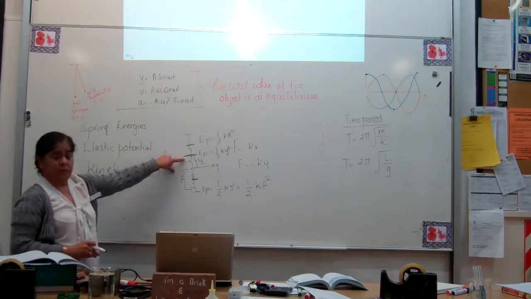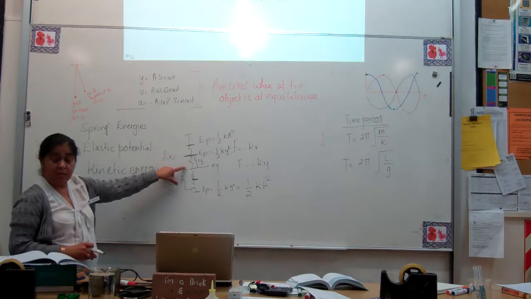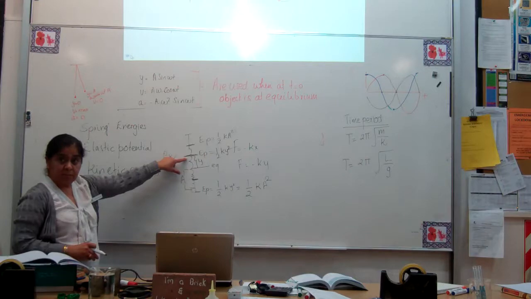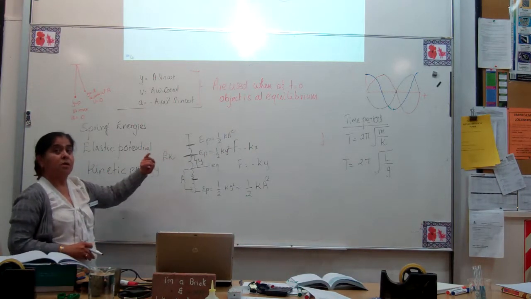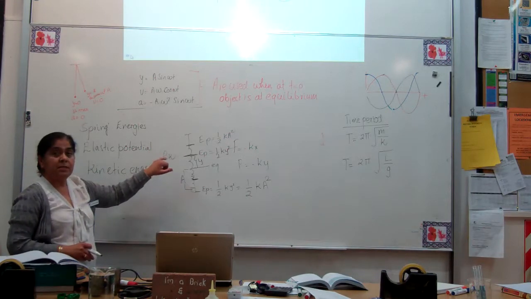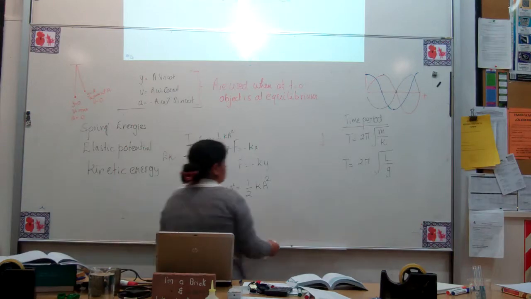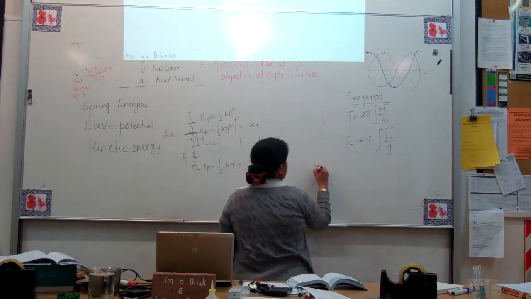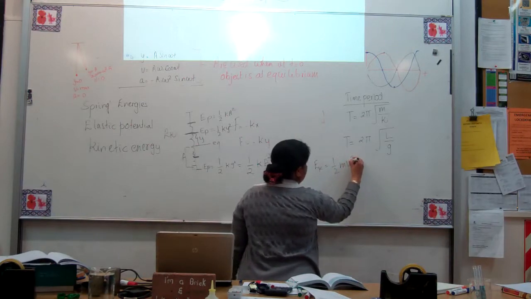If you have been given the mass hanging on the spring, the displacement and the maximum amplitude, you can work out the speed at which it is going up and down. Because what's kinetic energy? Kinetic energy is half mv squared.